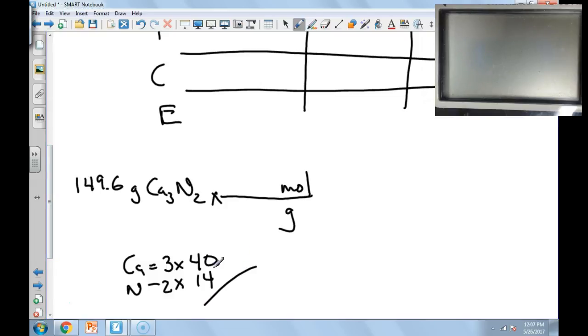because I'm a teacher and I've earned the right to abbreviate. Based on whatever periodic table you're using, you're going to put the decimals out there. Okay, and so let's see. So we're going to do this, so it's 3 times 40, which is 120, plus 2 times 14, which is 28. 120 plus 28 is 148.